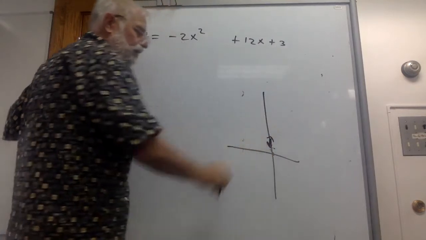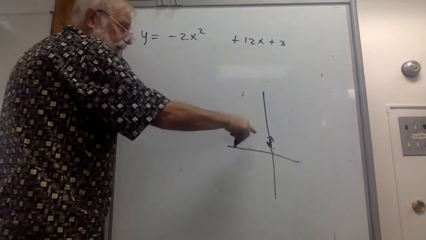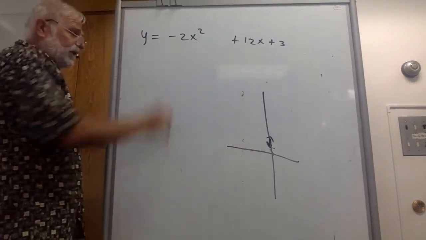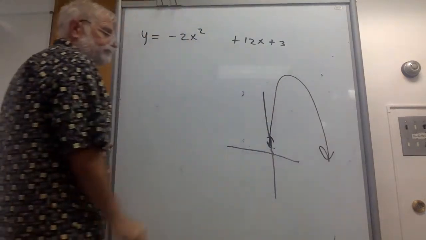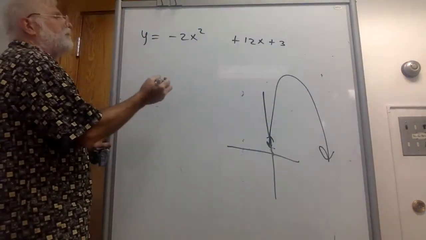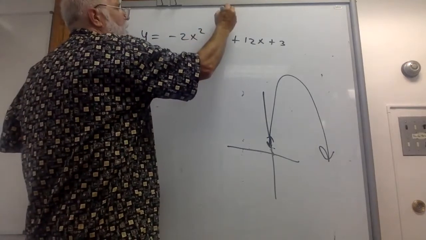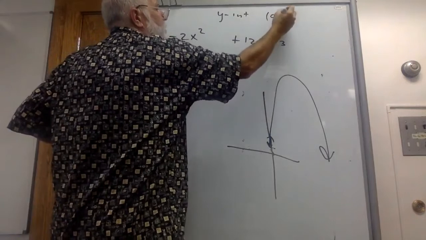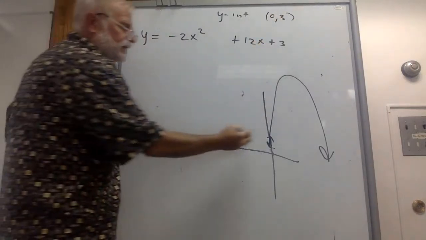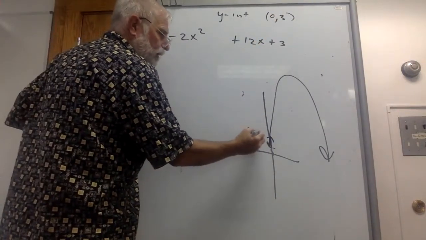If I zoomed in, that would start to look like this line. And it's cup shaped down. So I know it's doing that. So I might as well find the information that's necessary. My y-intercept is given. It's 0, 3. So that's this location, 0, 3.